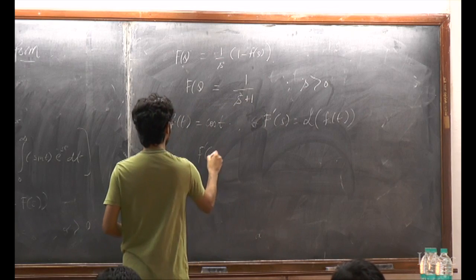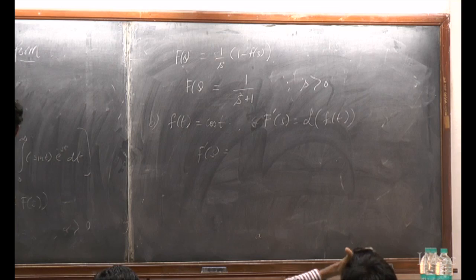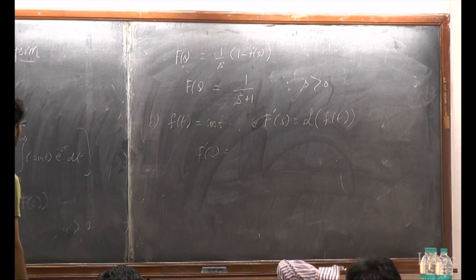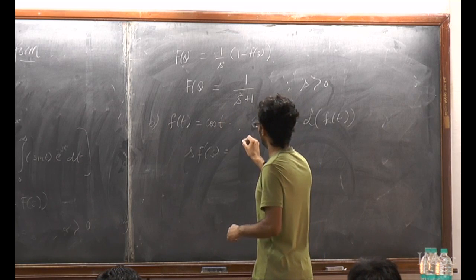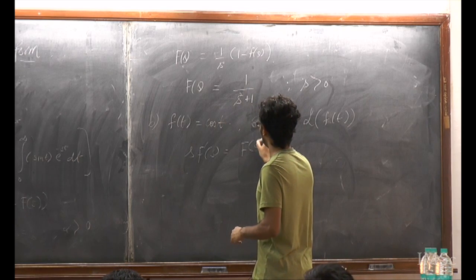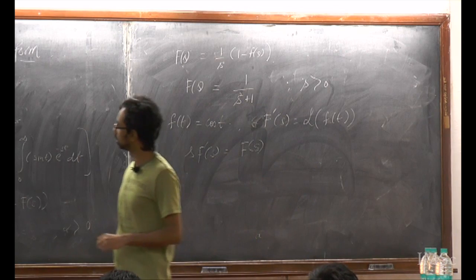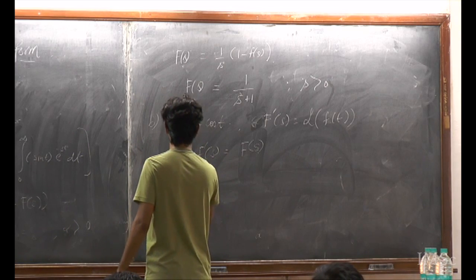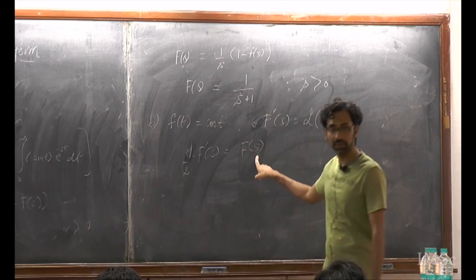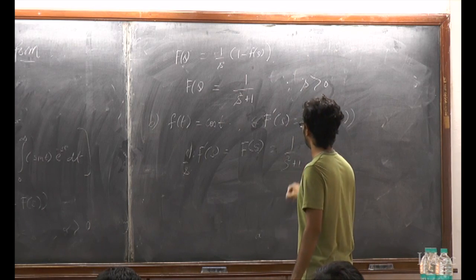Then F prime(s) is equal to, I made a mistake, 1 over s times F prime(s) is F(s), which is equal to 1 over s squared plus 1.